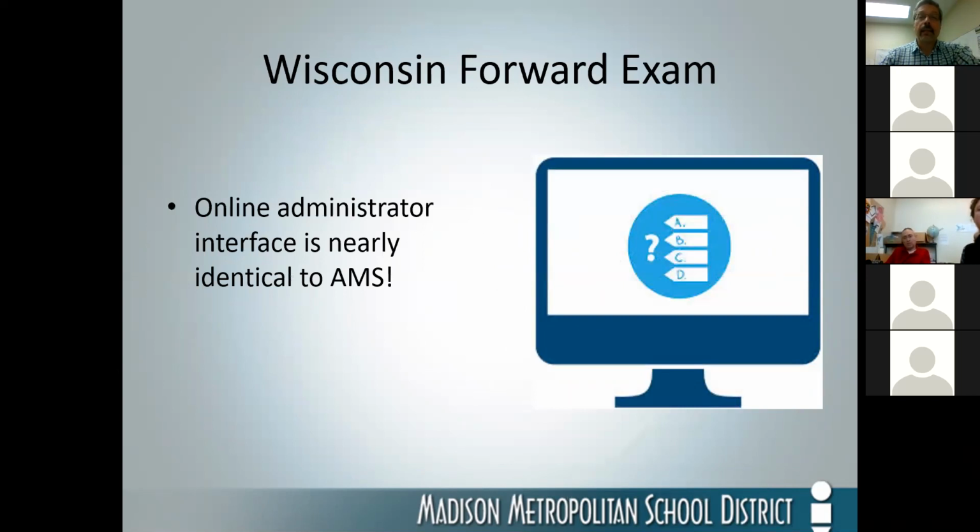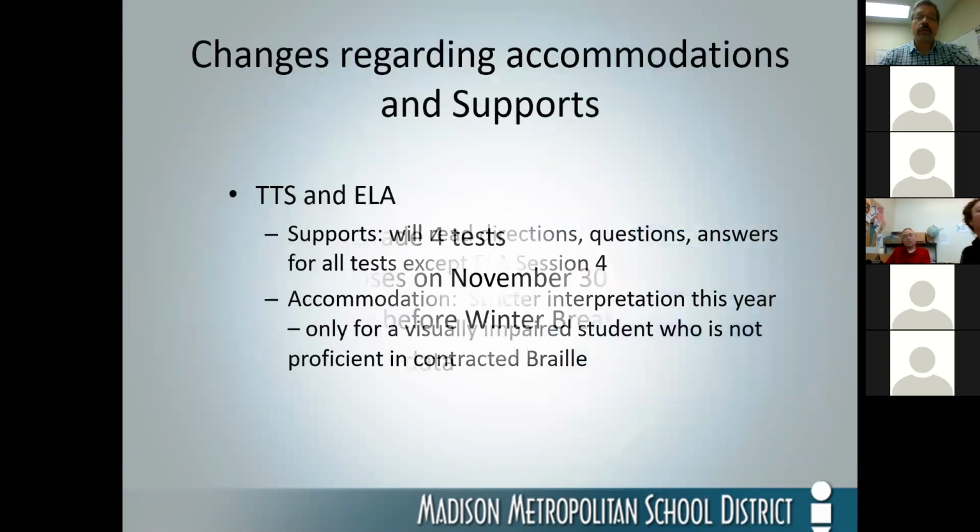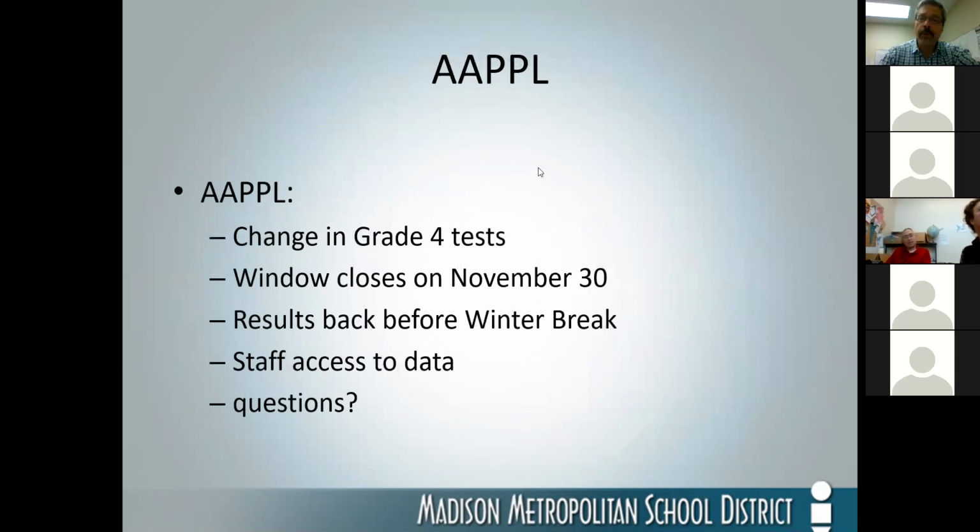Okay, now let's just move on to AAPPL. The buildings that are involved with the AAPPL language proficiency assessment are those who have dual language immersion programs. 3rd, 4th, and 5th grades will all be taking the same speaking test.